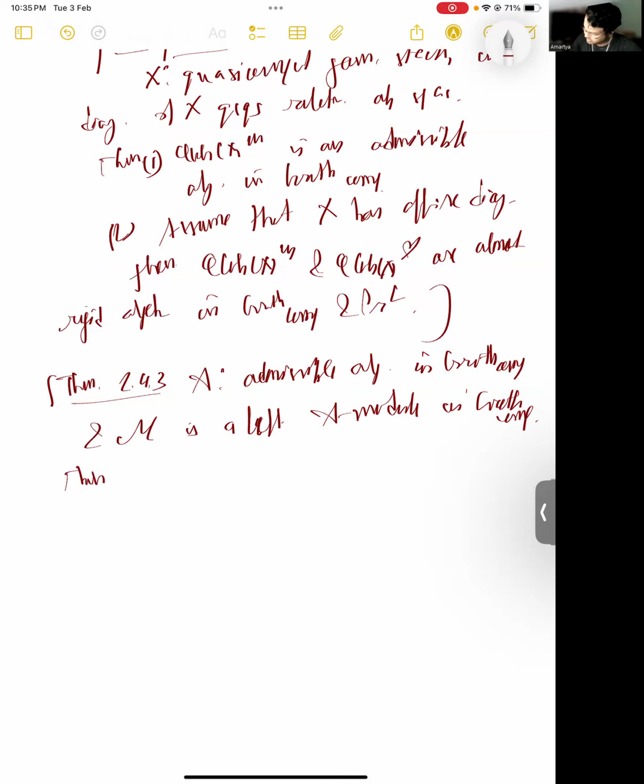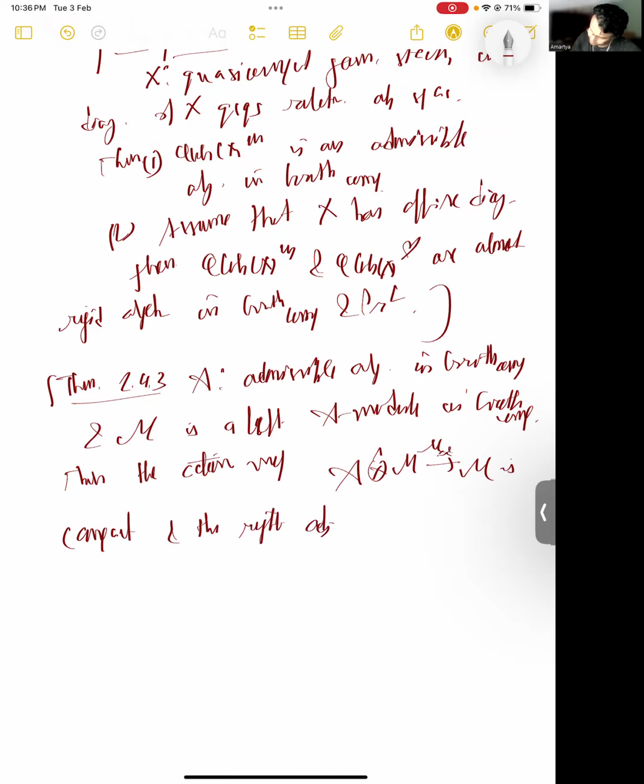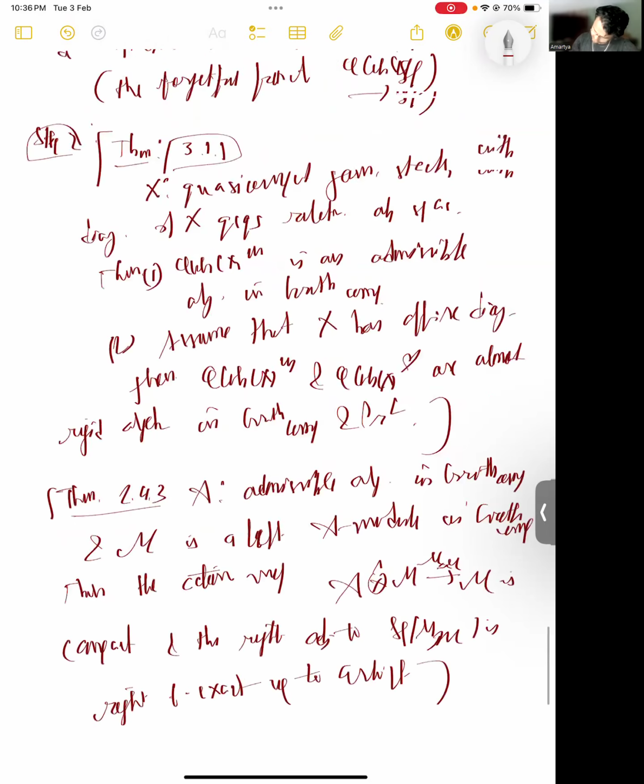Then the action is compact, and the right adjoint to it is right T exact up to the shift. Right. So we'll actually use these three.